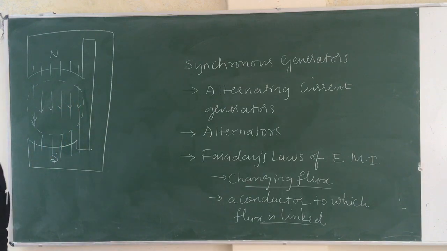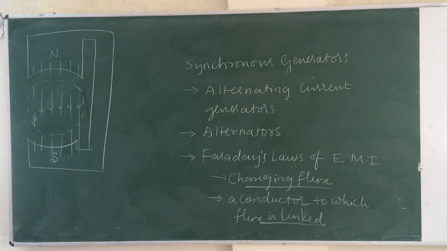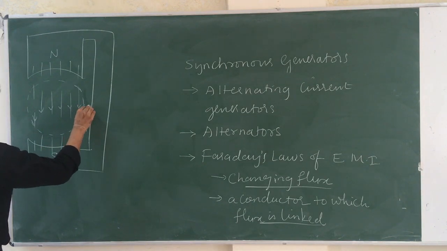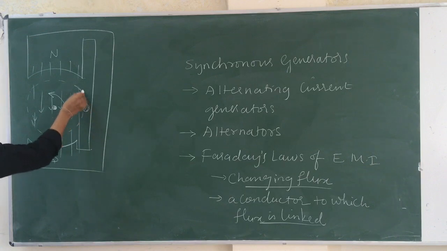So this is a constant and stationary magnetic field. Then I can make a conductor rotate about the fixed axis or the central axis in clockwise direction.